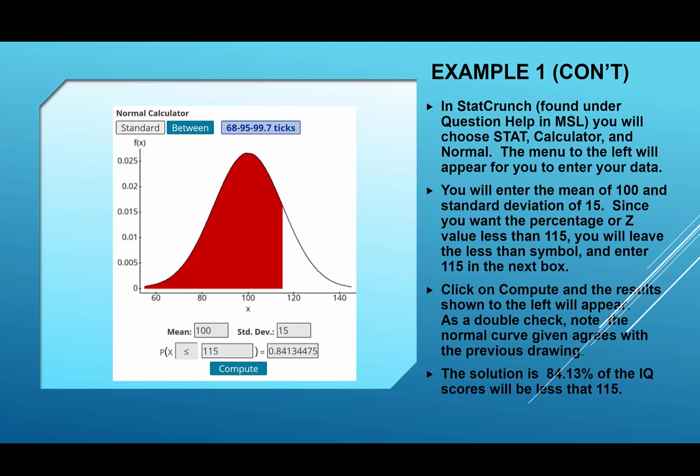At this point, you would click Compute, and you would get the results that 84.13% of the IQ scores will be less than 115. One thing to do is to check the graphic of the normal curve that you get in StatCrunch against what you drew previously.